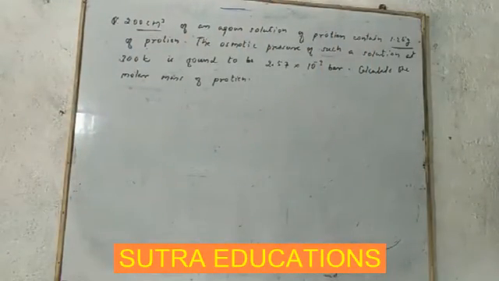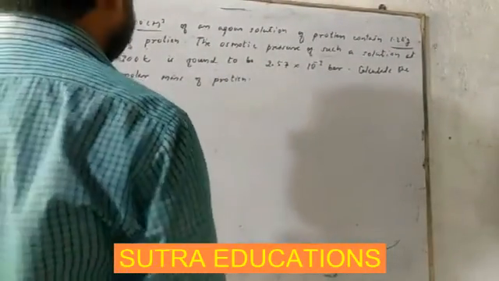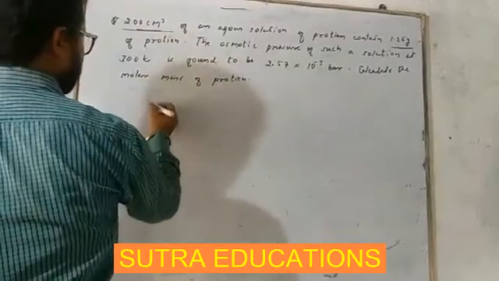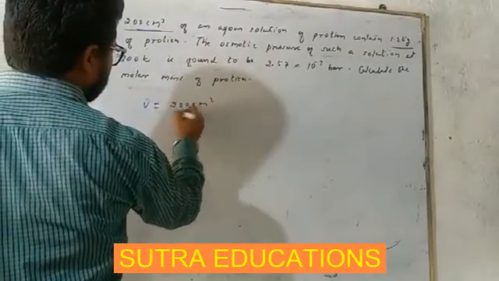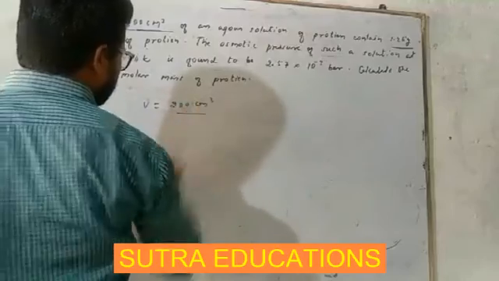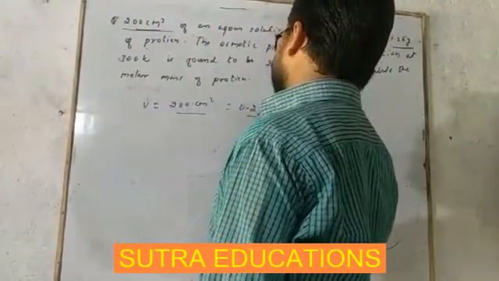So question is, it is given volume is equal to 200 cm cube, which in liter will be equal to 0.2 liter.